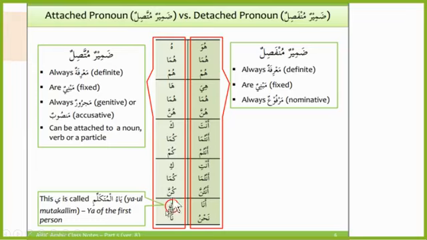All right, so you gotta look at these attached pronouns. I'm gonna use the word kataba. Huwa, I don't need to say huwa kataba or kataba huwa, because just the word kataba is going to anyways indicate that it's huwa. Kataba, which would mean huma.